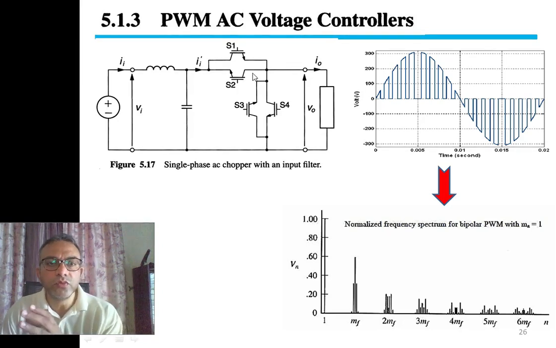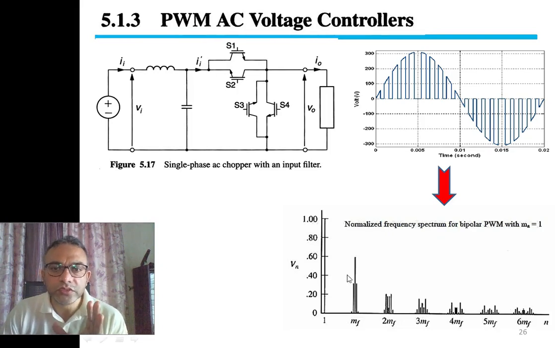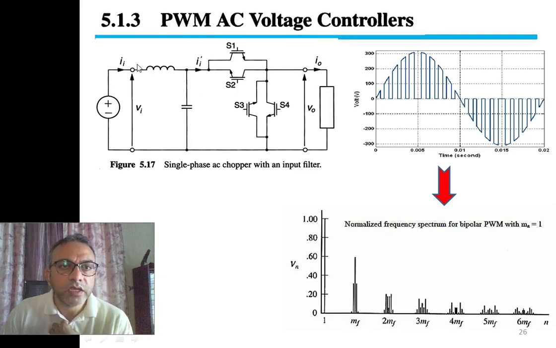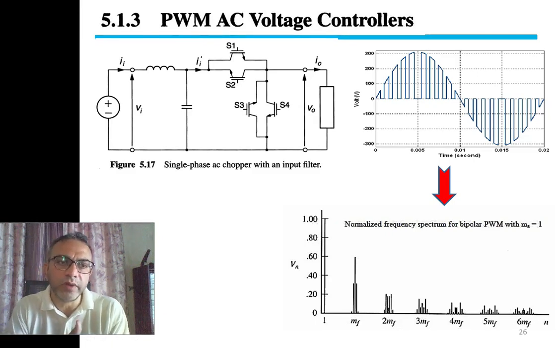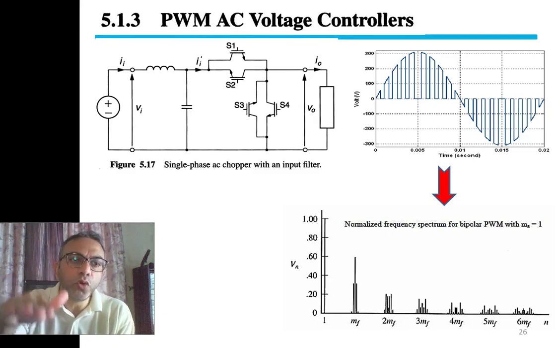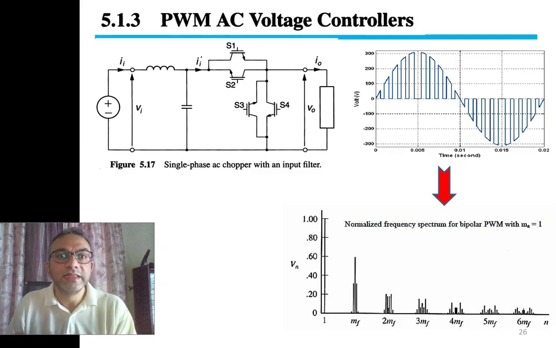If we use different switching patterns that help us to reduce the switching losses and the switching harmonics, then we can reduce the size of the filter. We must never forget that unwanted harmonics that are very close to the fundamental, that is the low order harmonics, require a large inductor or large size filter.